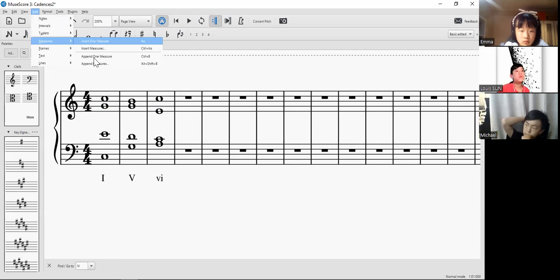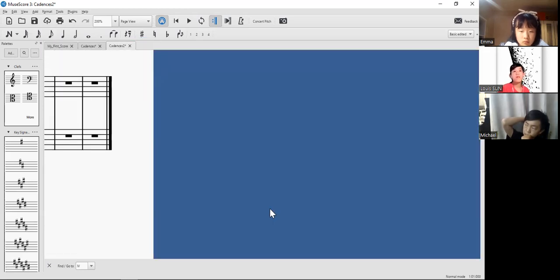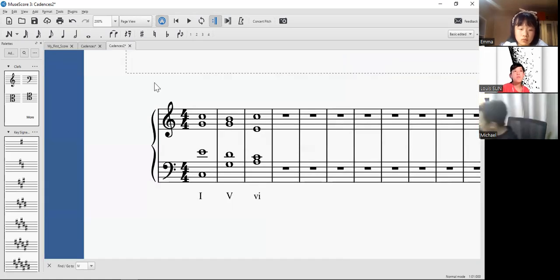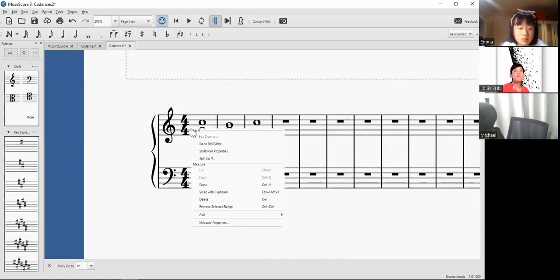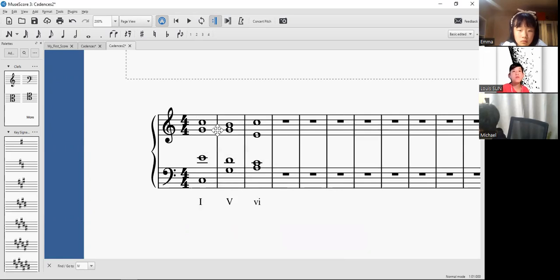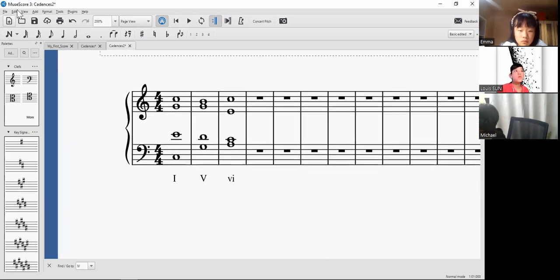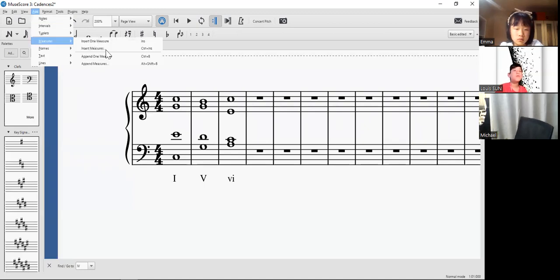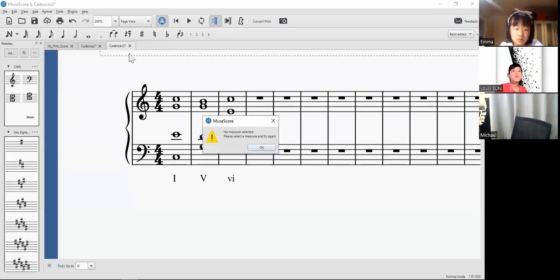Append one measure. What have I done? I have no idea what I'm doing. Insert one measure. Just bear with me. Add. What?